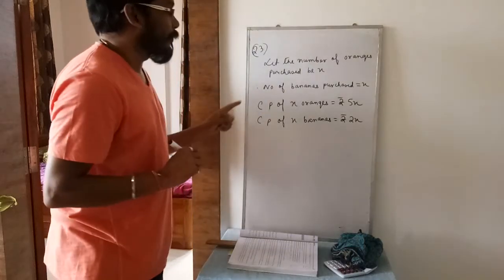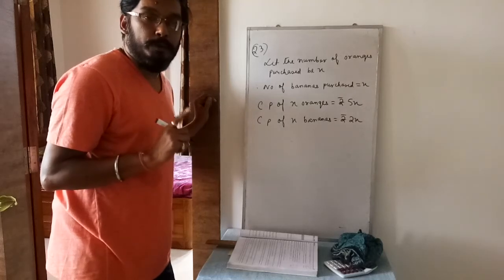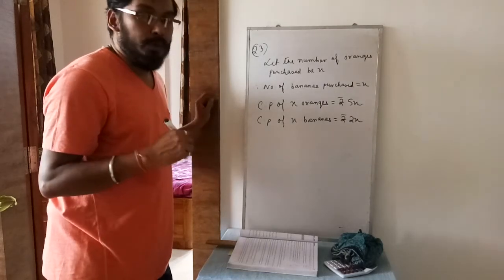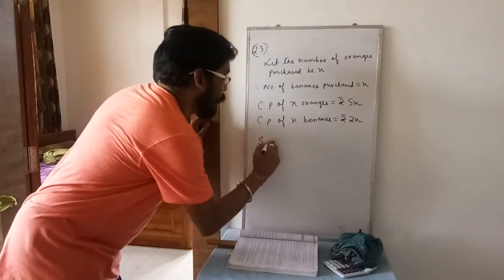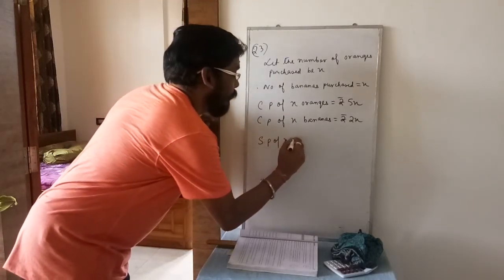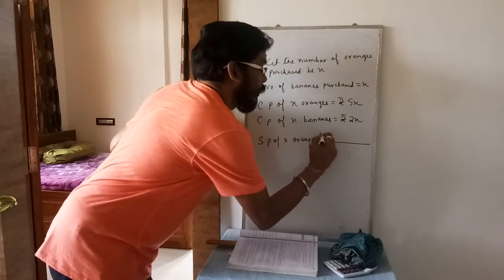So you know the CP. I will find out SP because total profit is given. So I have to know the profit of each of them, and to know the profit, I have to know SP. So I will find out SP of x oranges. What is the formula of SP?